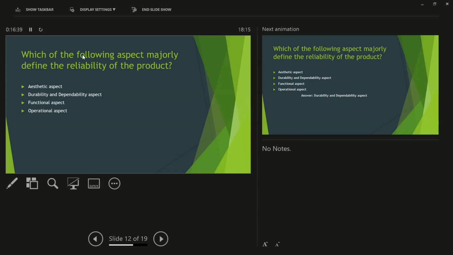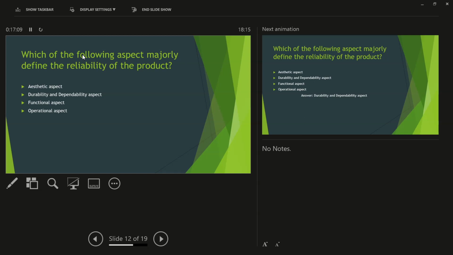Then, which of the following aspects majorly define the reliability of the product? When we talk about a reliable product, what are the aspects we generally go for? Okay, operational aspect. Okay, first let me know who said operational.